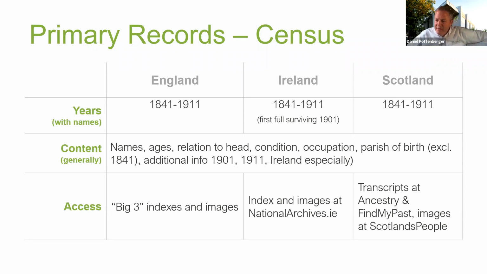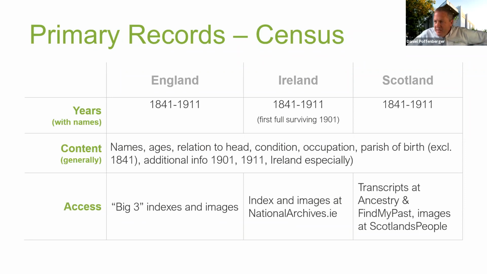It's in your list. For England, you have indexes and images at the big 3 websites, which are Ancestry, FamilySearch, and FindMyPast, and I'll be showing you those in a bit. Ireland, they have an index and images at the National Archives.ie website.